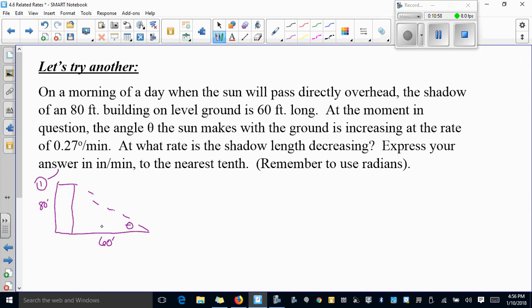So assign variables. X is going to be the height of the building. Y is going to be the length of the shadow. Theta is your angle of elevation.